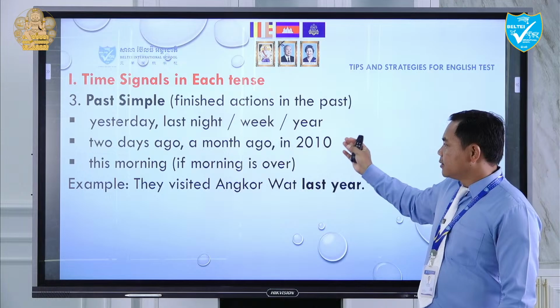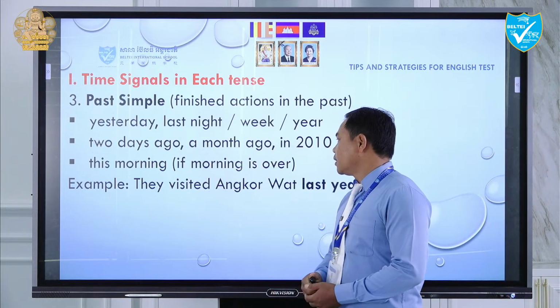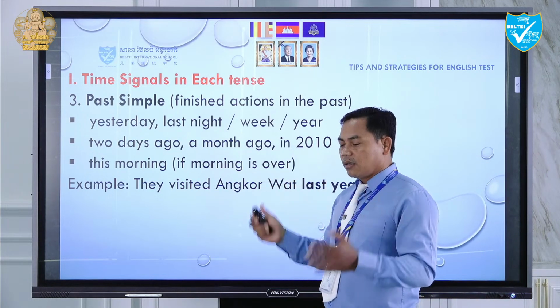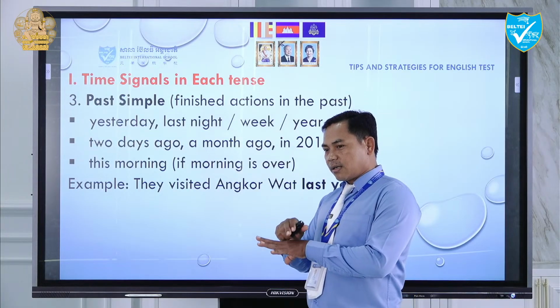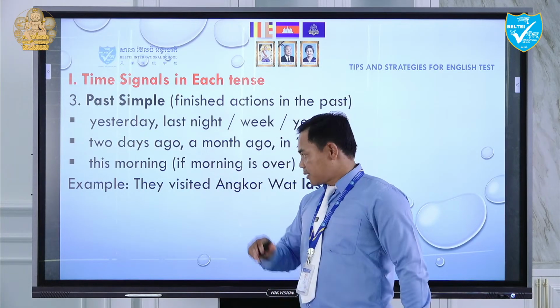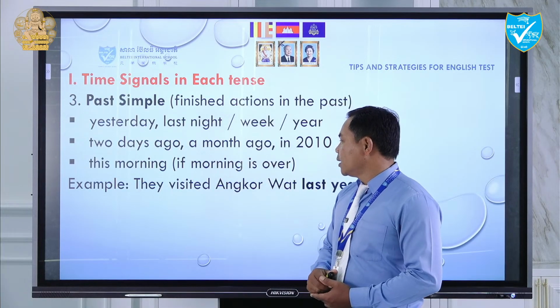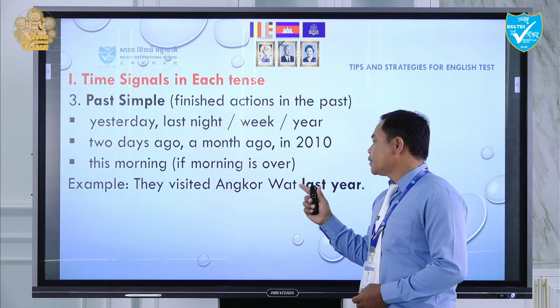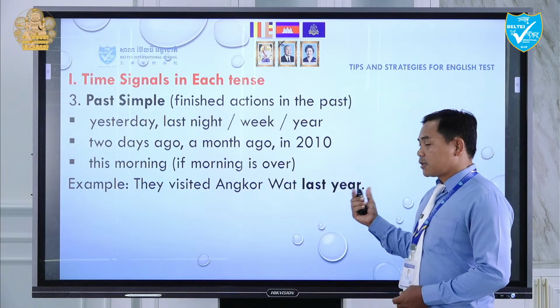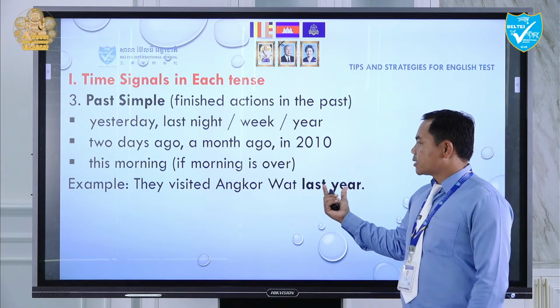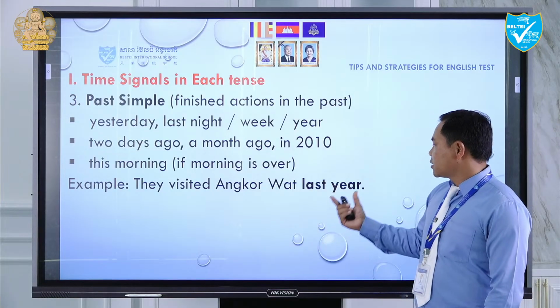This morning, if the morning is over, it means a complete time period that is finished. Example, they visited Angkor Wat last year. So this is time that is over, last year.